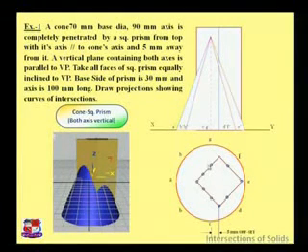Now we have identified the points of intersection between these two solids. Another point over here. Name these points 1, 2, 3, 4, 5, 6, 7, 8, 9 and 10. We have identified 10 points which show the intersection of this prism and cone.